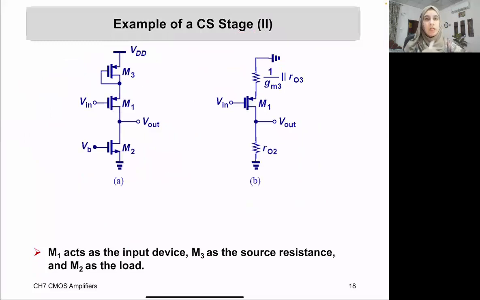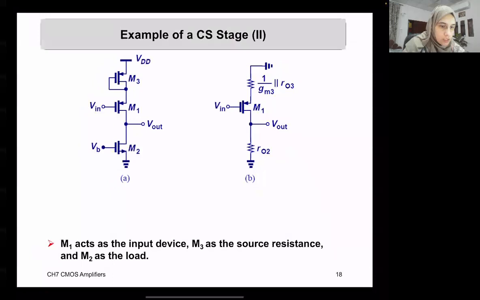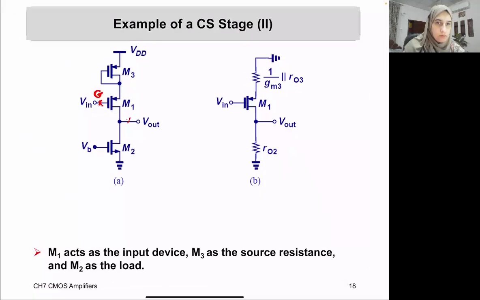Now let's see this example again. Our first step is to identify the type of this amplifier. Our input is given on the gate of this transistor, and the output is taken from the drain of this amplifier.